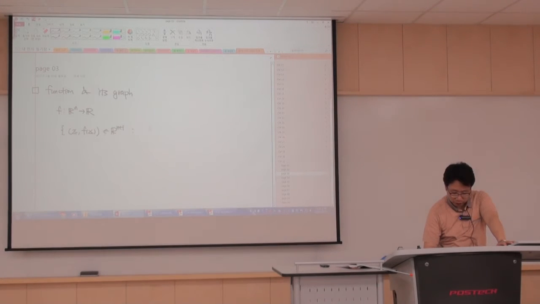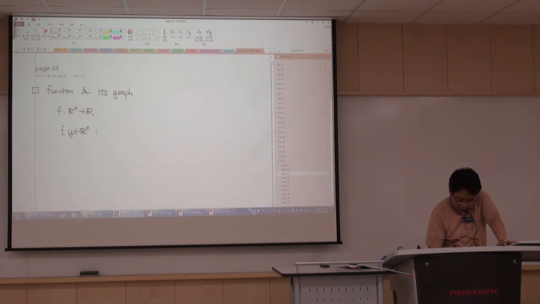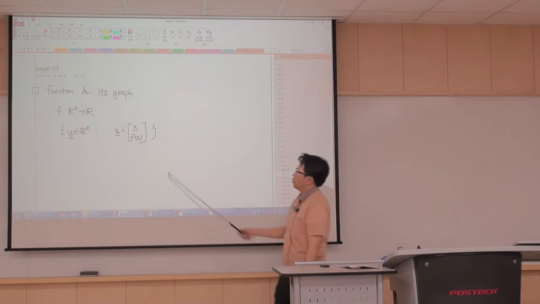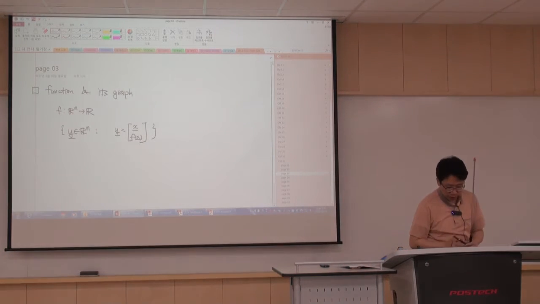Such that y in R^n where f of x equals y. So this is the graph.